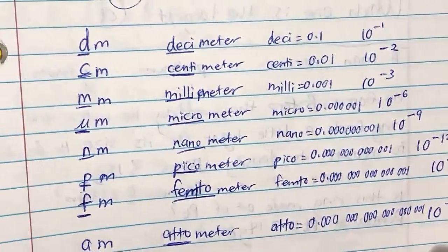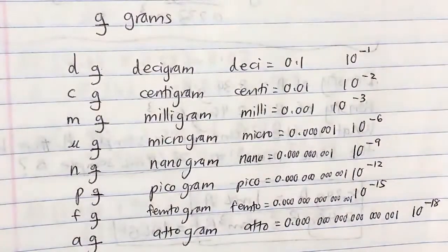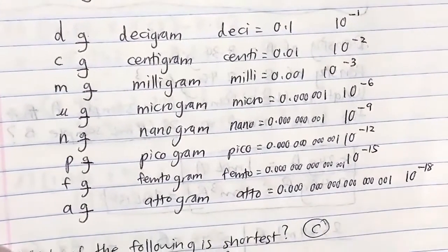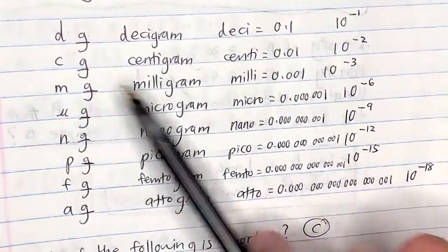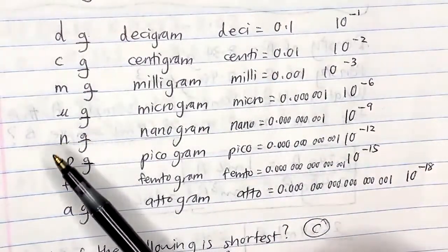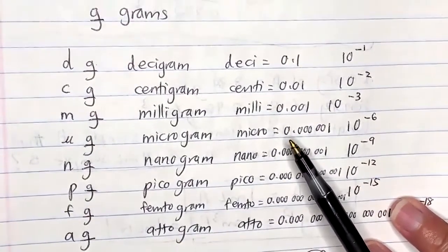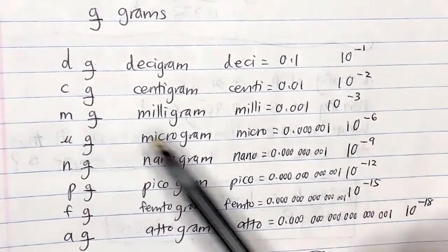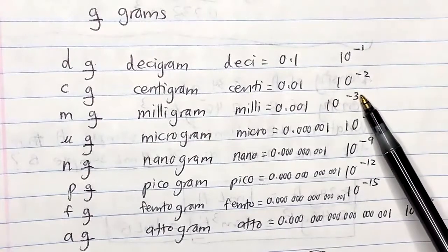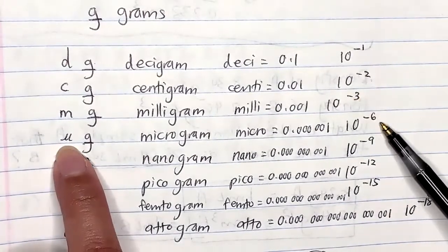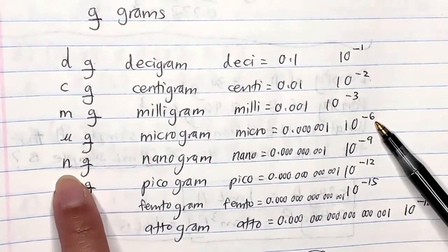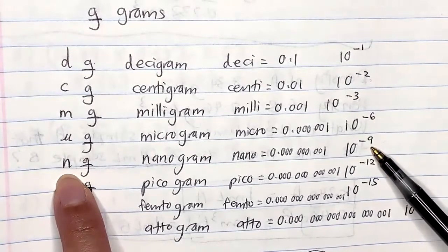Let's go back to the gram one and let's talk about the sizes for each one. So you have deci is 0.1, centi is 0.01, and then you have milli 0.001, so 10 to the minus 3. Let's just start saying this instead of all the decimals. So micro is 10 to the minus 6. Nano is 10 to the minus 9.